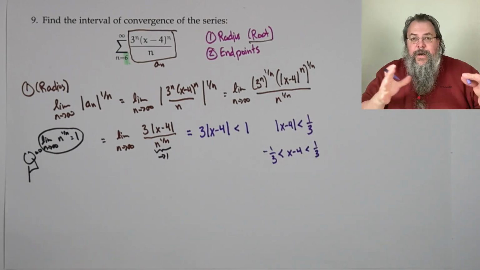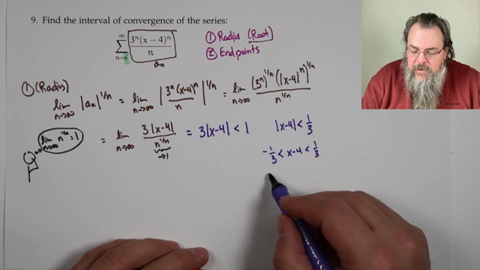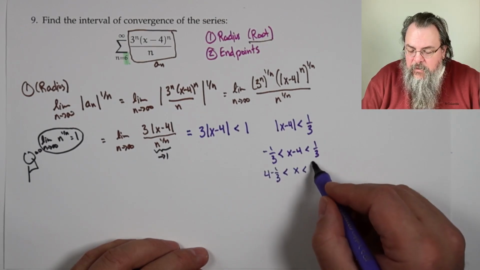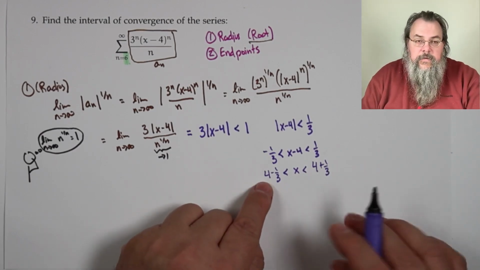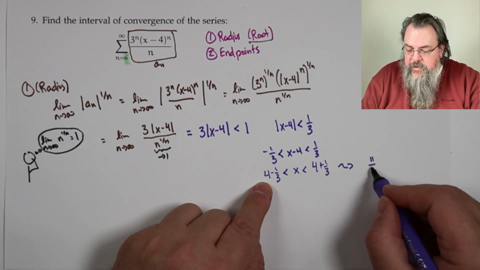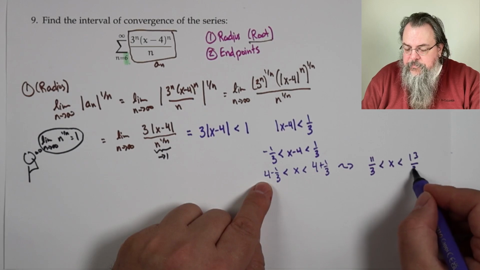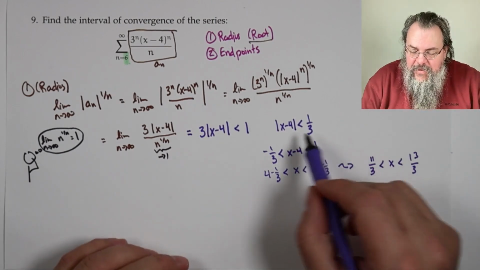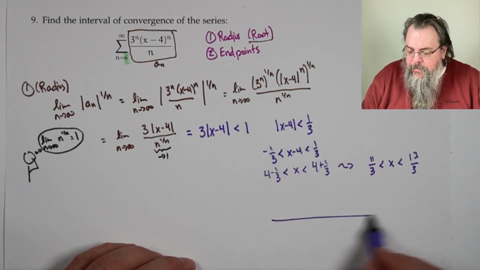This lets me drop absolute values. Now add 4, so we get 4 minus 1 over 3 less than x less than 4 plus 1 over 3. If you think of 4 as 12 thirds, that says 11 thirds less than x less than 13 thirds. Now, let's be careful here. This is not the full answer, but what it's saying is you have the following.